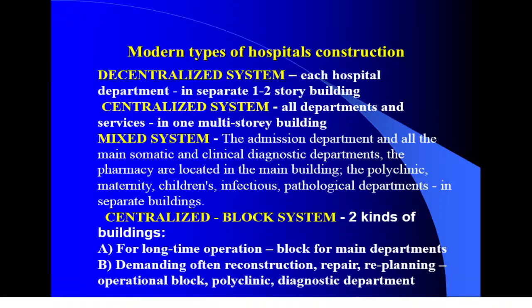The paths of movement of patients and personnel were shortened. The delivery of food from the catering unit was accelerated, and construction and operating costs were reduced. A significant advantage is the reduction in the area of the hospital site compared to the decentralized type of construction.